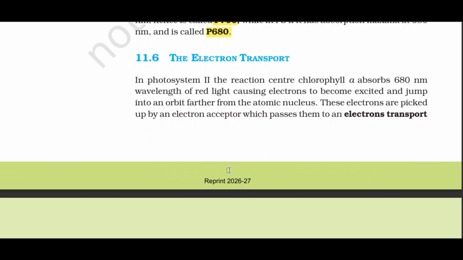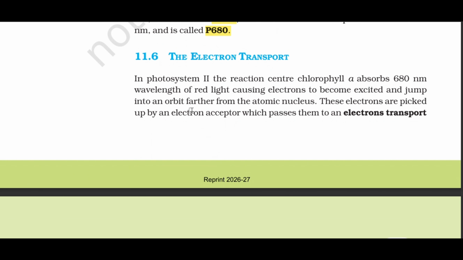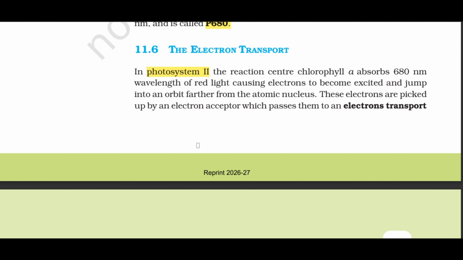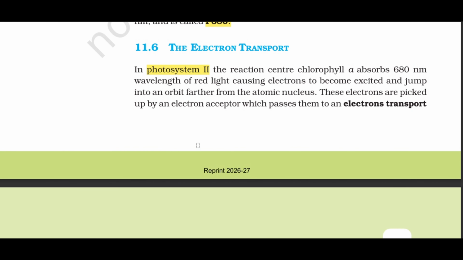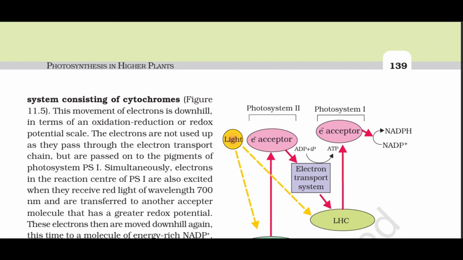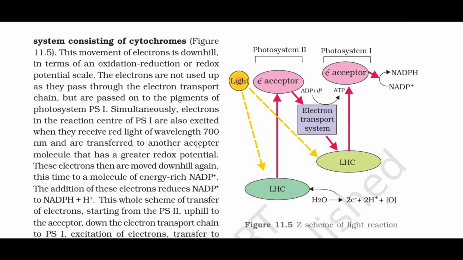The electron transport. In photosystem II, the reaction center chlorophyll A absorbs 680 nanometers wavelength of red light, causing electrons to become excited and jump into an orbit farther from the atomic nucleus. These electrons are picked up by an electron acceptor which passes them to an electron transport system consisting of cytochromes, figure 11.5.